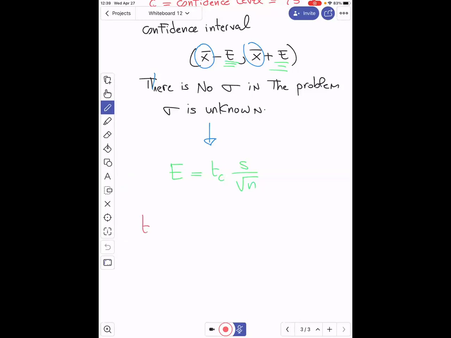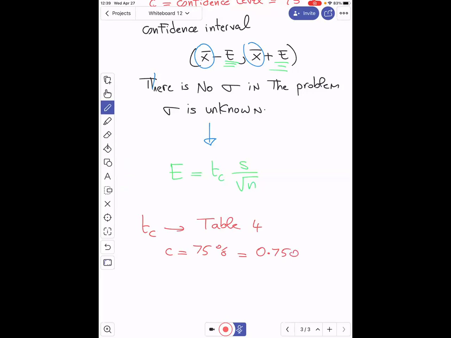To find this T subscript C, we need to use this table number 4. To use this table, you need your confidence level C, which we said is 75%, that's division by 100, so 0.75 or 0.750.